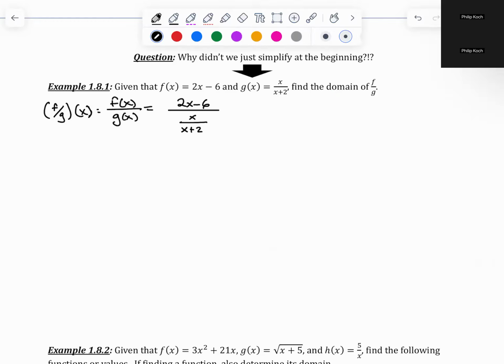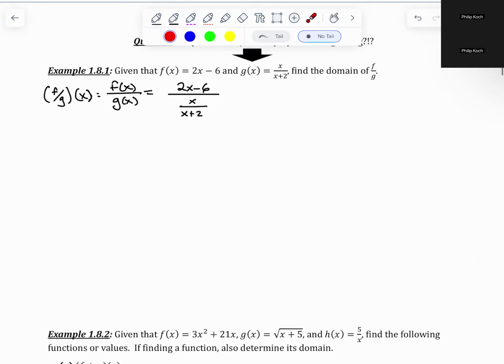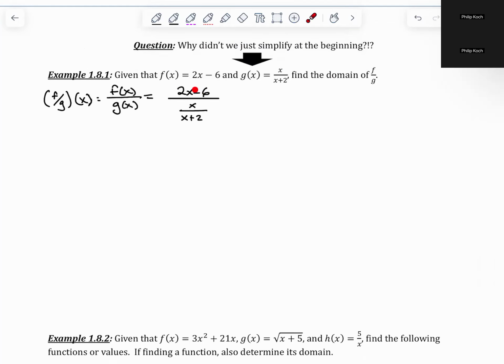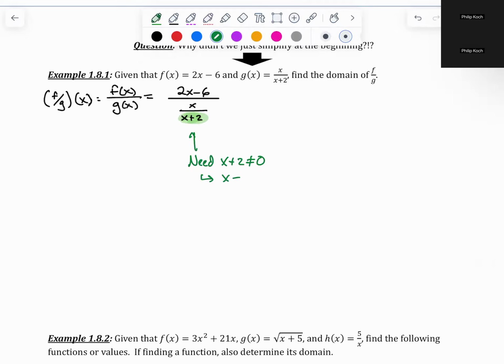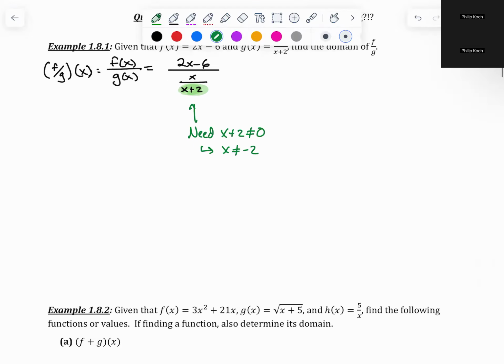Because if I plug in -2, then this would become -10, and I'd get -10 over the quantity. I'll write this down instead of just saying it out loud. From here, we need x plus 2 to not equal 0, i.e. x cannot equal -2.